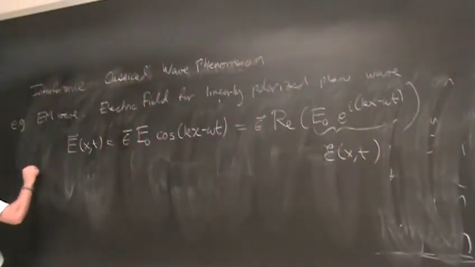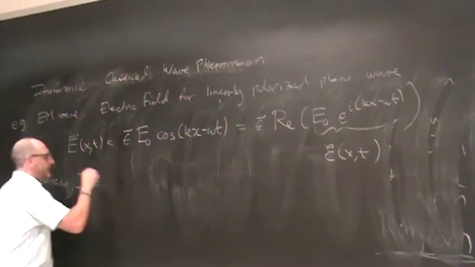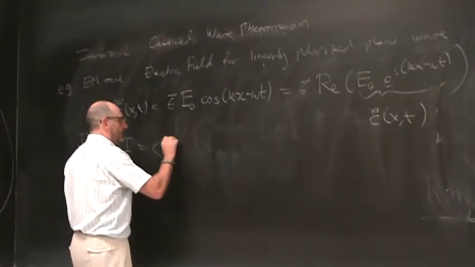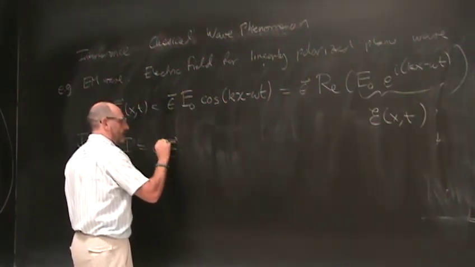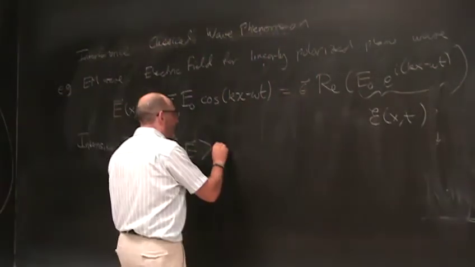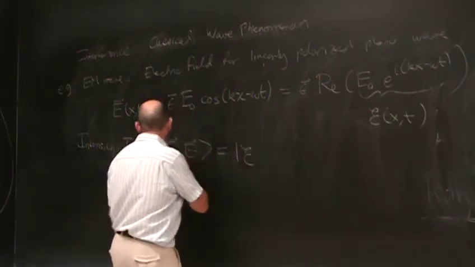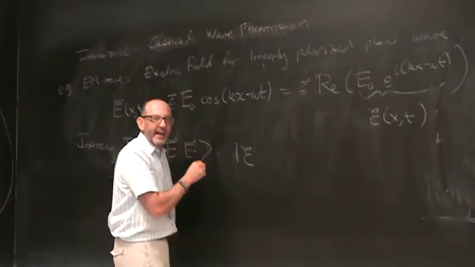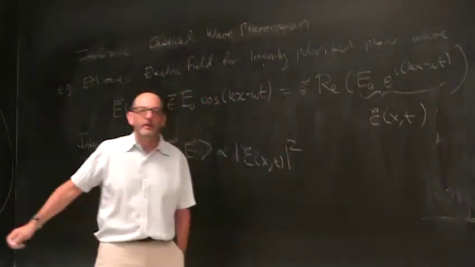Of course, we know the intensity of the field, which is the time average of the electric field squared, is proportional to this. It's got some epsilon naught or something like that, but basically that.